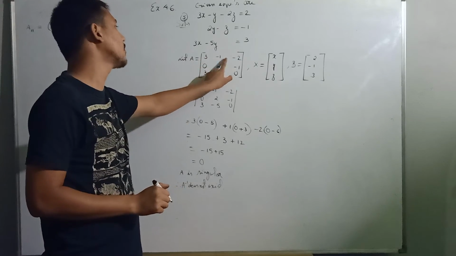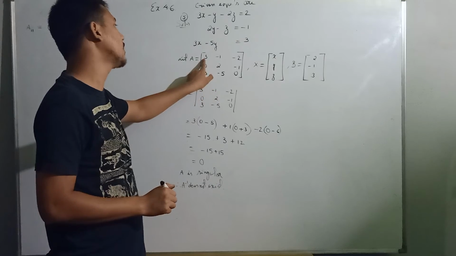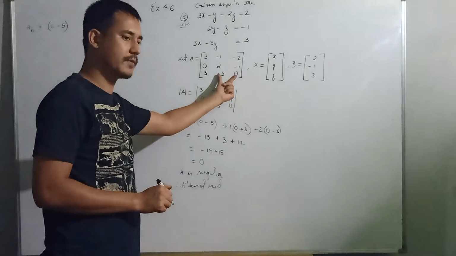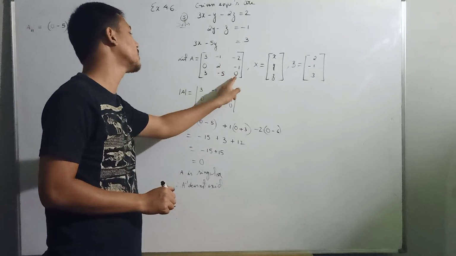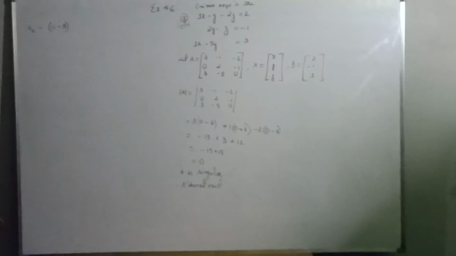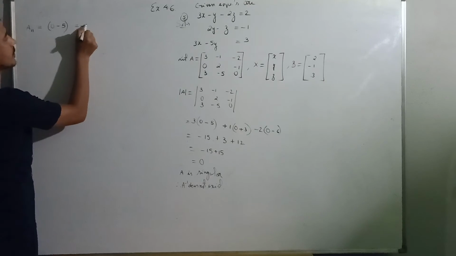Neglecting the row and column where this element belongs, we write the determinant of the remaining elements: 2, 0, 0, minus 5. So that is minus 5.